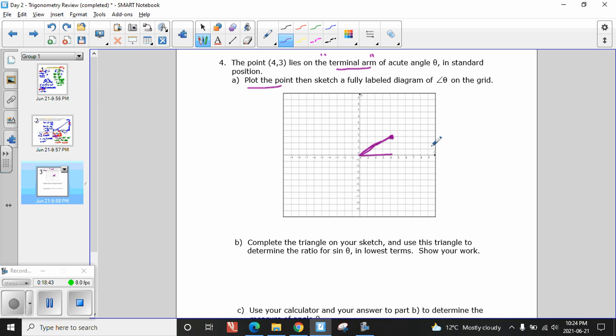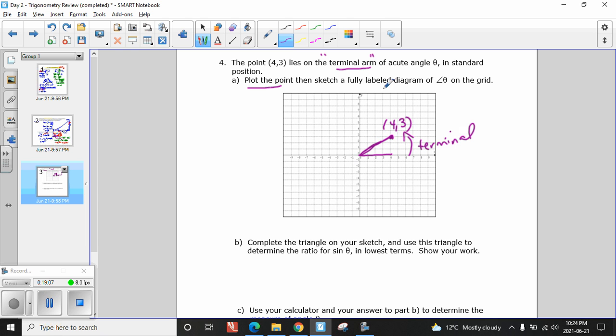So standard position, remember, implies that we're going to start at the positive x-axis and rotate counterclockwise from there. So here's the point 4, 3. The terminal arm, we swing it around to wherever we want in the full circle, but here it's landed with coordinates 4, 3.